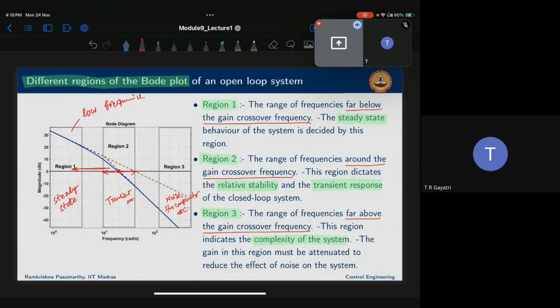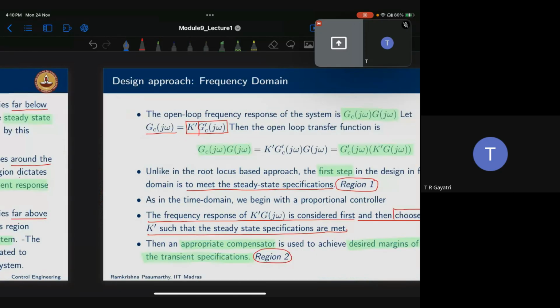Then very far from the gain crossover frequency, we handle the higher frequencies, which are mostly noisy in nature. Any Bode plot of any open loop system will have these three regions.